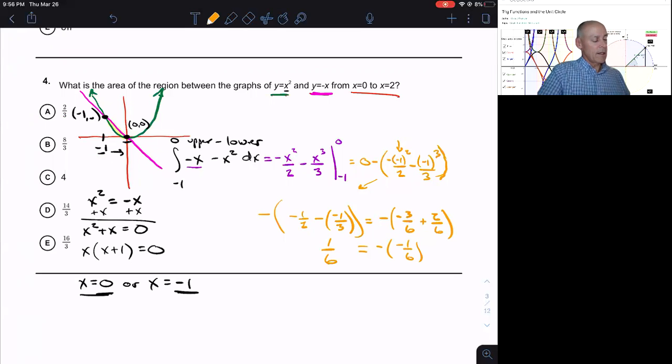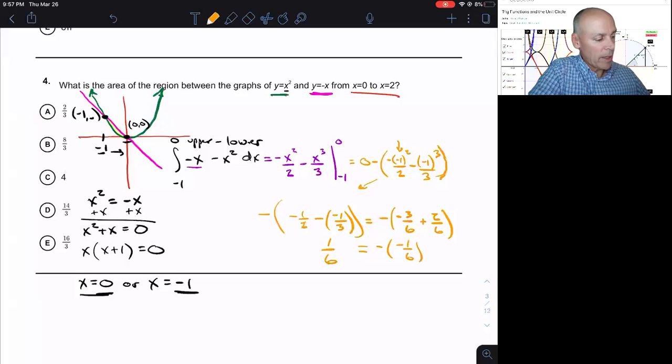Okay, so let's back up and see where we might have gone off the rails. Got y equals x squared, y equals -x, and we found our points of intersection. Should work out. That's 1, 1. And that would be also y equals -x, so that's 1 point, and the other would also be at 0, 0.